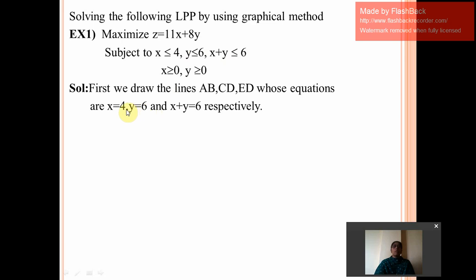First line AB, x is equal to 4. Second line CD, y is equal to 6. And third line ED.